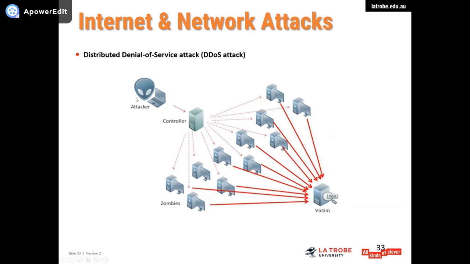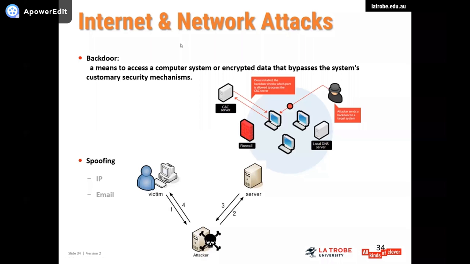So next is the backdoor. A backdoor is a means to access a computer system or encrypted data that bypasses the system's customary security mechanisms. For backdoors, there are two types. The first type is deployed by the attackers.